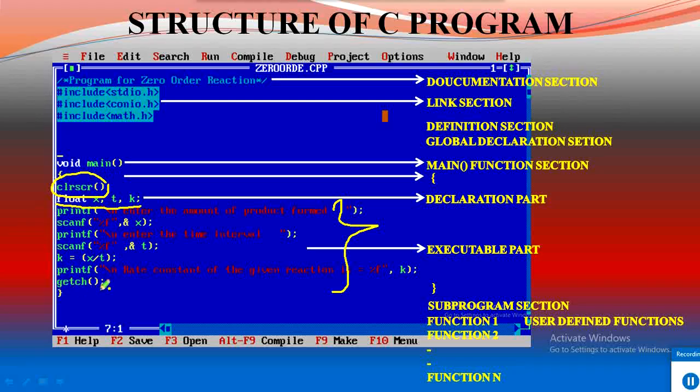Then getch and then curly braces. After this comes the subprogram section, which contains user defined functions. If you use functions in this programming, then we have to write all the functions after this curly brace.